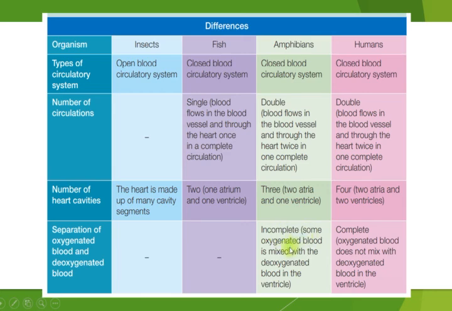Because the oxygenated blood is mixed with the deoxygenated blood in the ventricle. The humans have a complete double circulatory system. Why complete? Because the oxygenated blood does not mix with the deoxygenated blood in the ventricle.